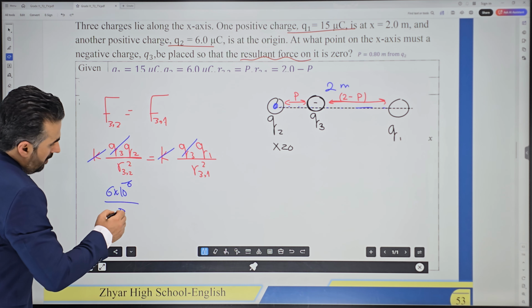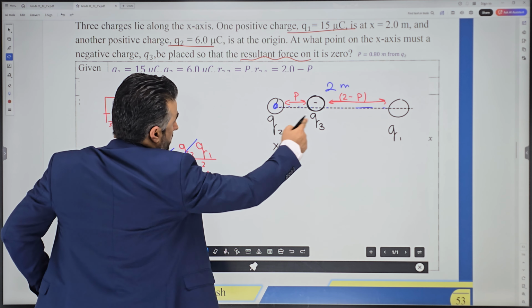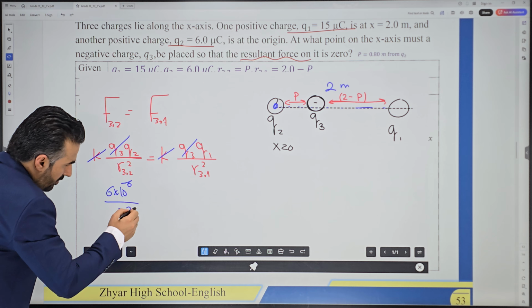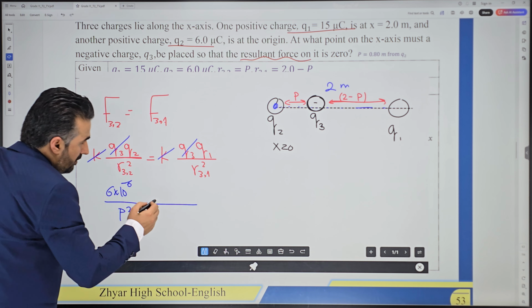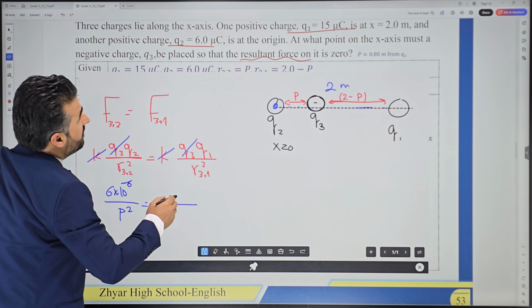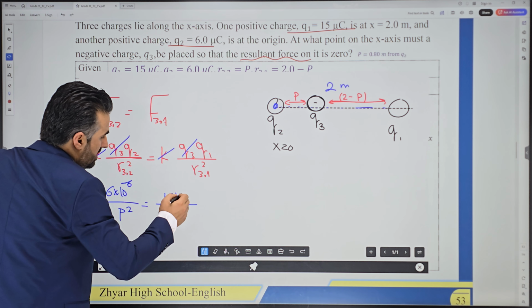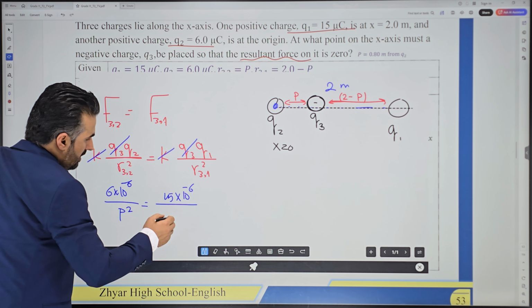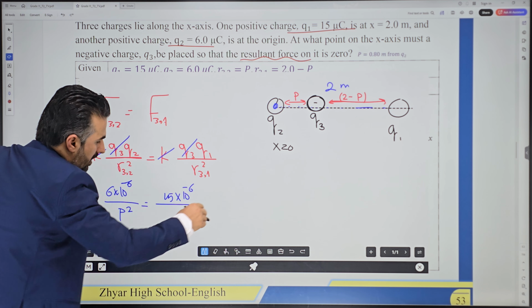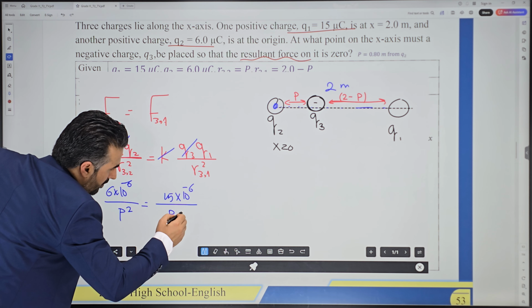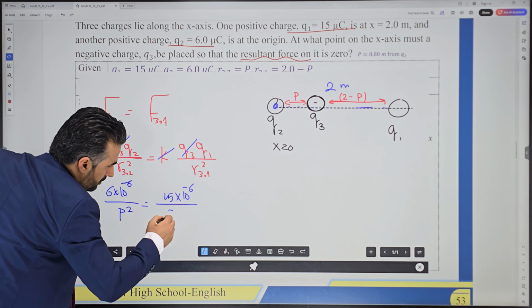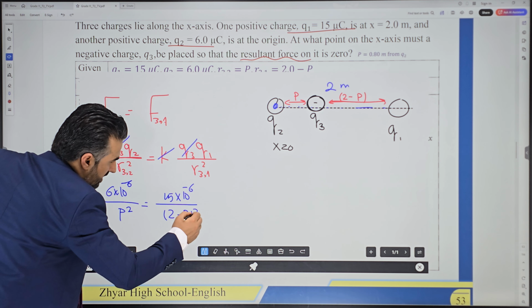The distance between Q2 and 3 is just P, squared is P squared. On the other side we have Q1, which is 15 times 10 to the power negative 6, divided by the distance between Q3 and Q1, which is 2 minus P, squared.